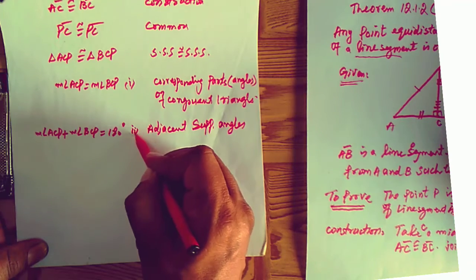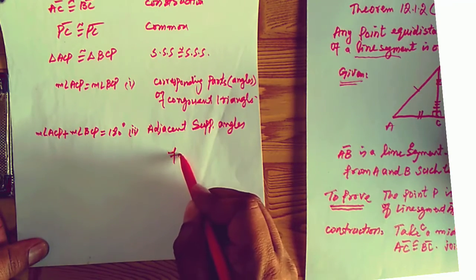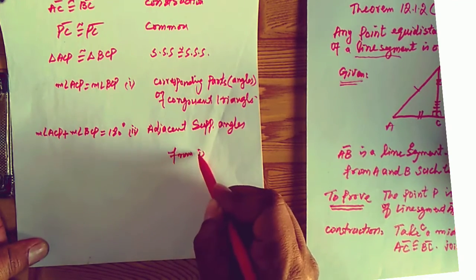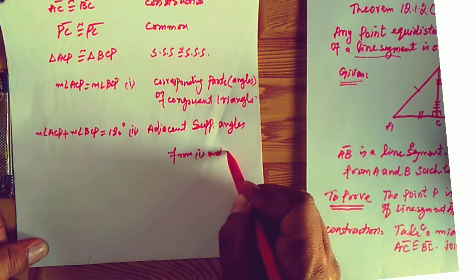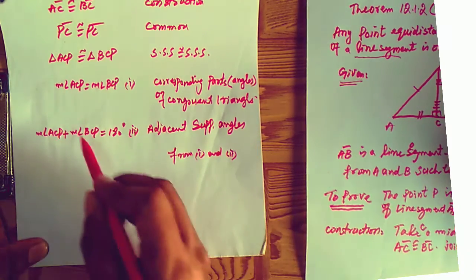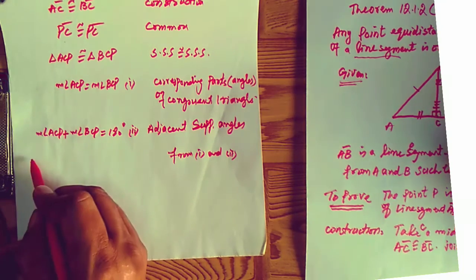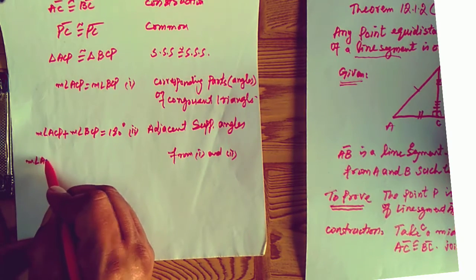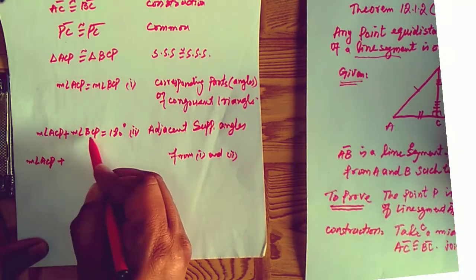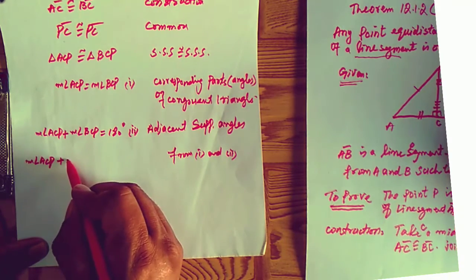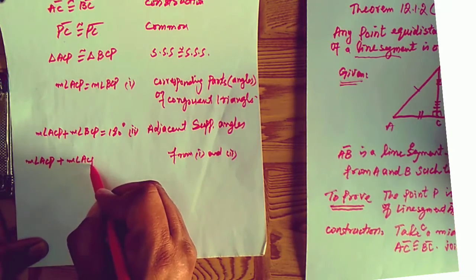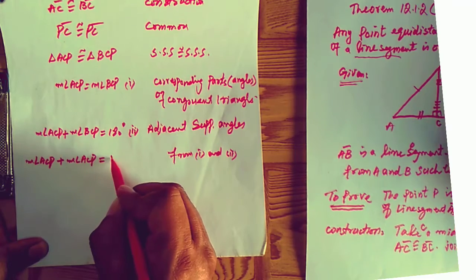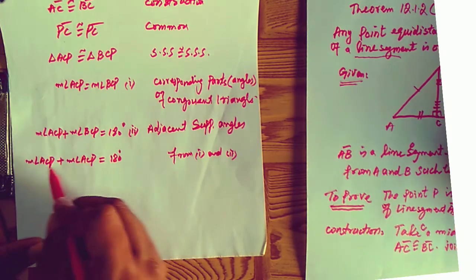From equation 1 and equation 2, put this in equation 2: angle ACP plus angle BCP is equal to angle ACP plus angle ACP, which is 180.